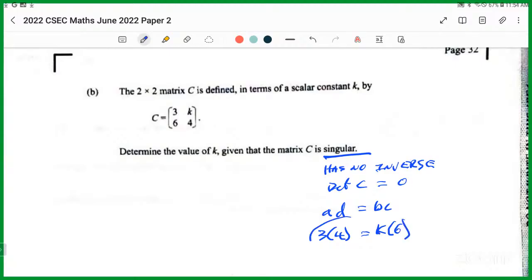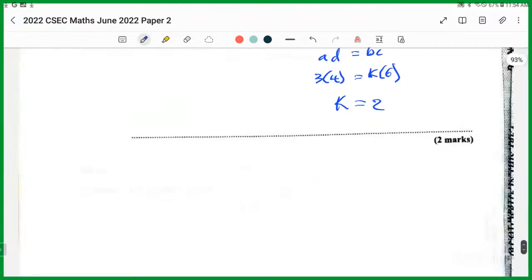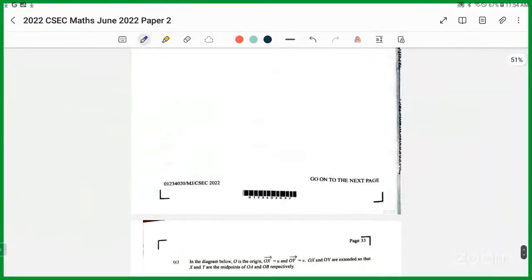Now this is 12, so for this to be 12, K has to be 2. So K equals 2.